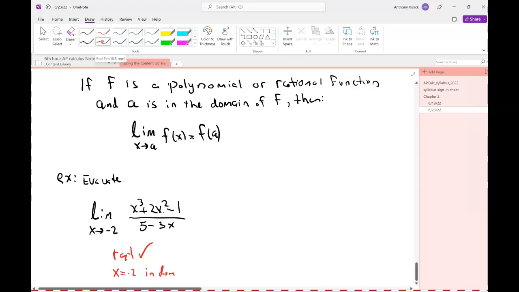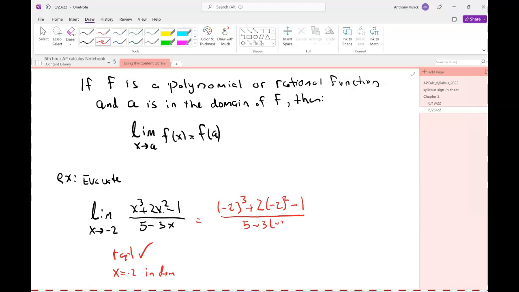I'll just write it that way. So, that's it. And just grind that thing out. So let's see. -8 plus 8 minus 1 is -1.